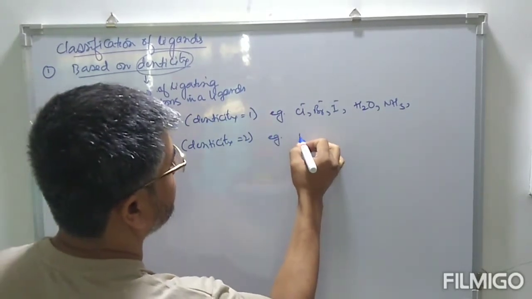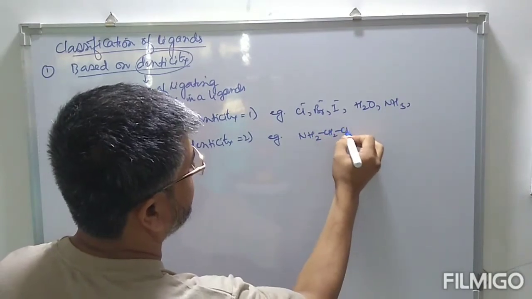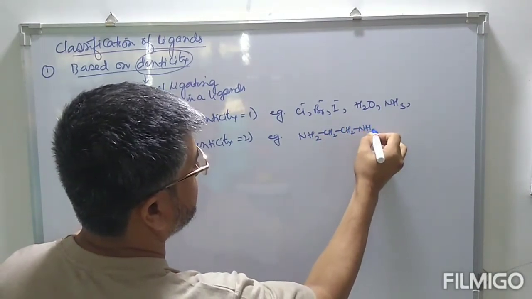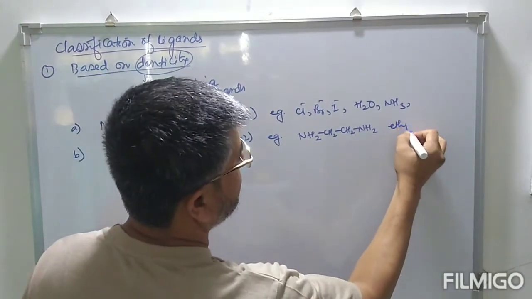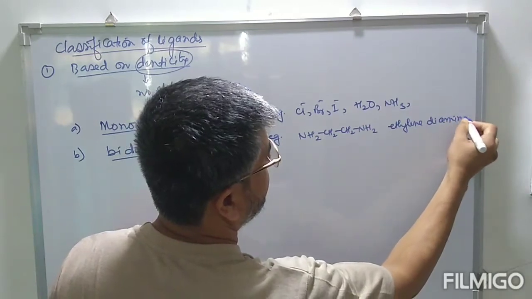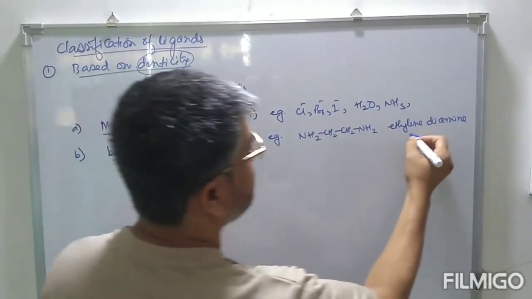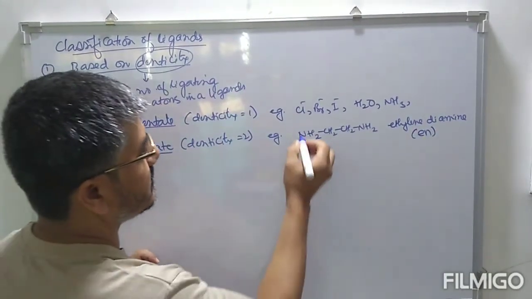Example, check this. This is ethylene diamine, simply written as EN. Now look at this.